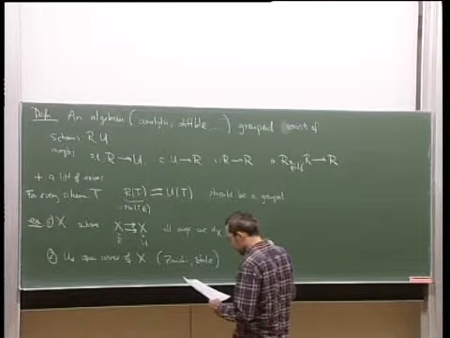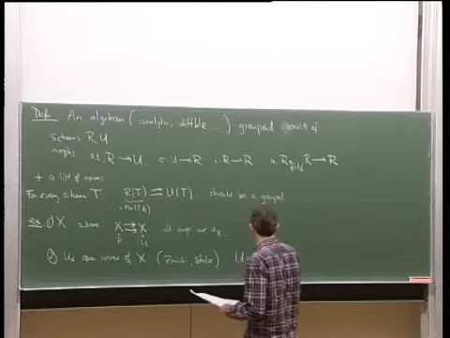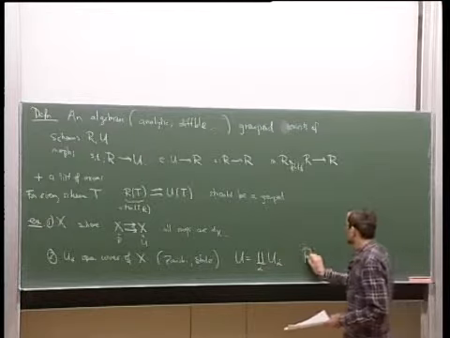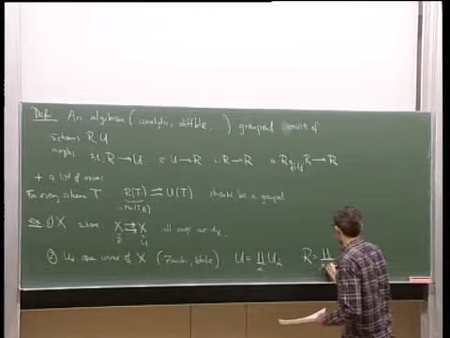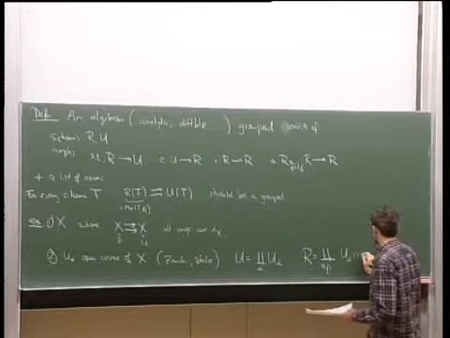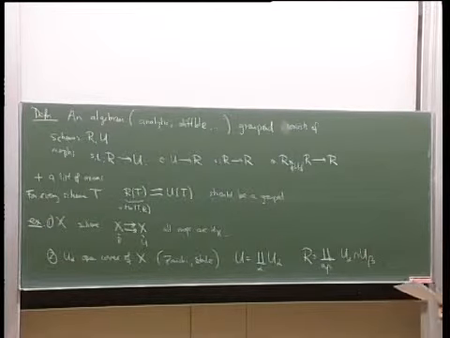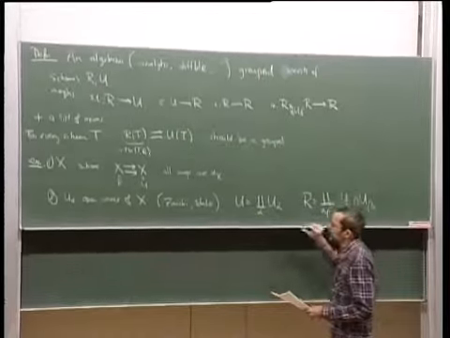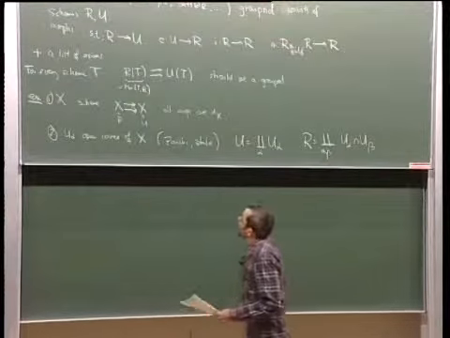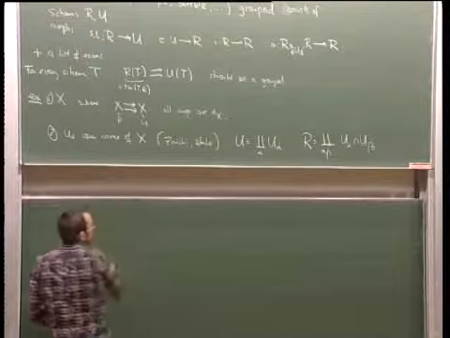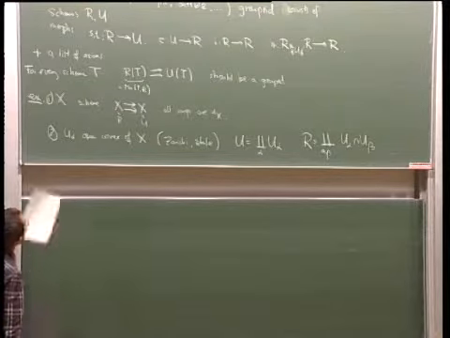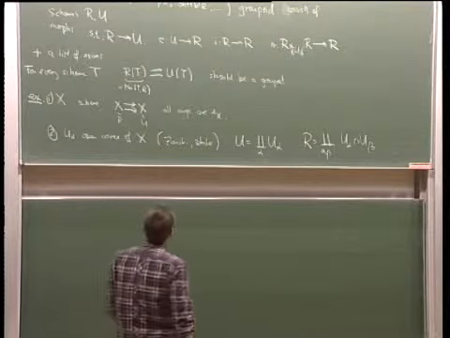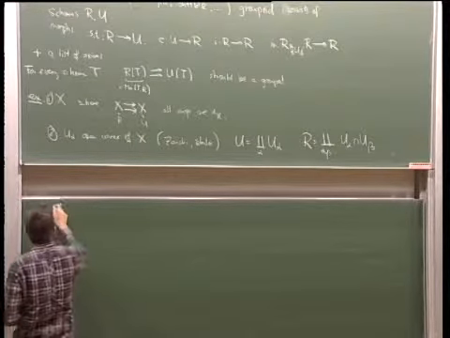Then define U, the disjoint union of all these U_alphas, and R, the disjoint union over all the intersections. And then I leave it to you as an exercise to figure out what all these maps S, T, E, I, M are in this case, and that this is an algebraic groupoid.